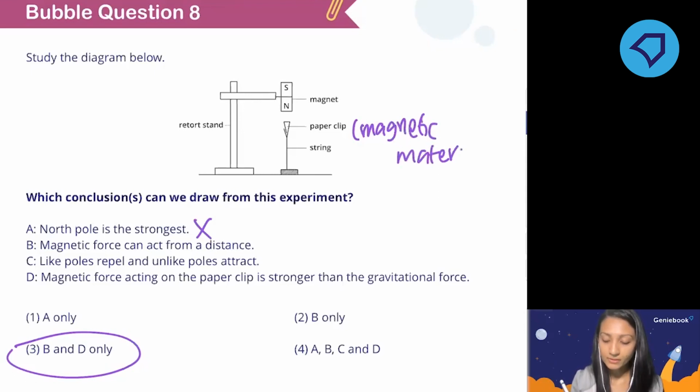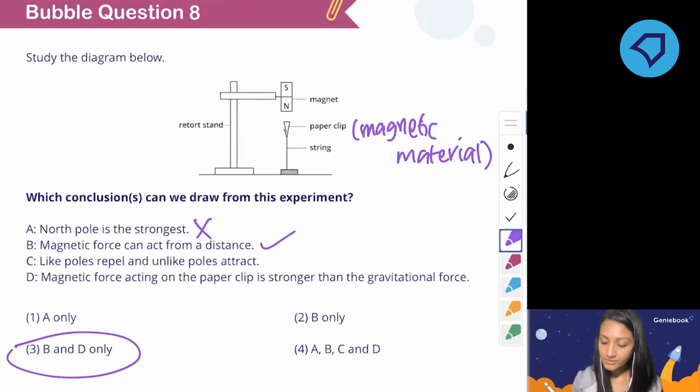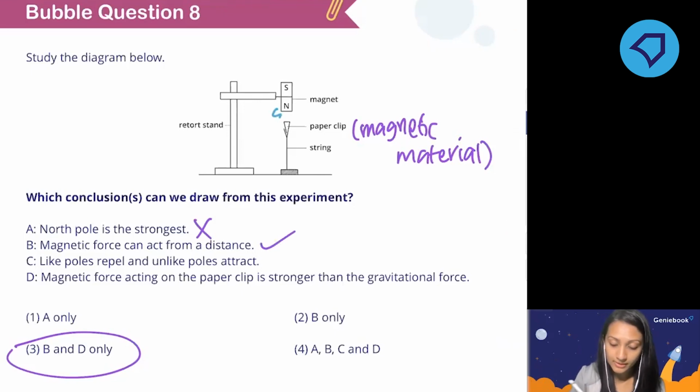The magnet itself is able to attract magnetic material, so there will be no repulsion. So this experiment doesn't prove that North Pole is the strongest, but it does show that magnetic force can act from a distance, basically because of the space here.